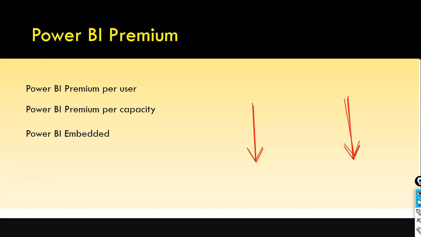But even with capacity, there are some limitations. Importantly, if you are using an extremely humongous volume of data, it requires additional capacity beyond what Premium offers. In that case, you need to go for an additional license, per capacity and so on.